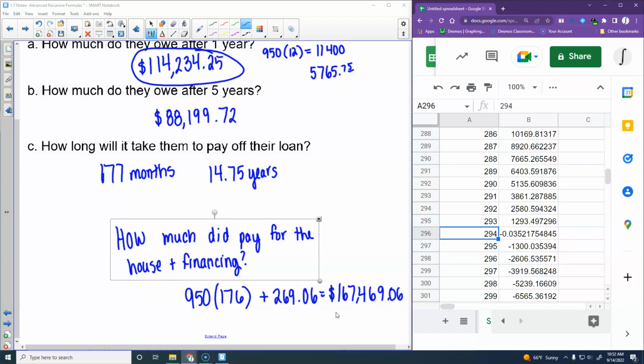The bigger you make your payments, the quicker you pay it off. So the bank might tell you that you only have to pay $950 a month. But if you pay $1,200 a month instead, that comes off of your principal, so it'll pay off your loan quicker. You won't have to pay as much in interest. So those are ways that you can avoid having to pay double what your house is worth.